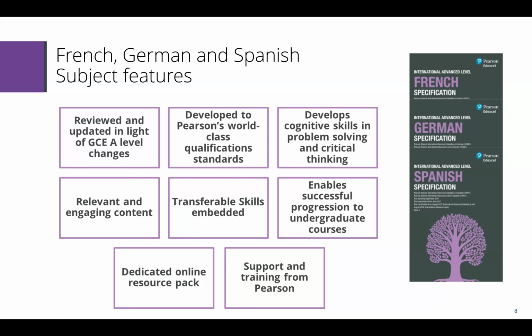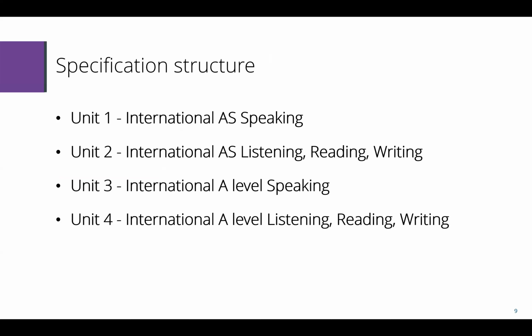If they didn't do as well as expected, they could then resit that in the summer series, and the better of the performances would be counted, but they can resit each paper. And so just a few things there that you can read for yourself. You don't need me to say.